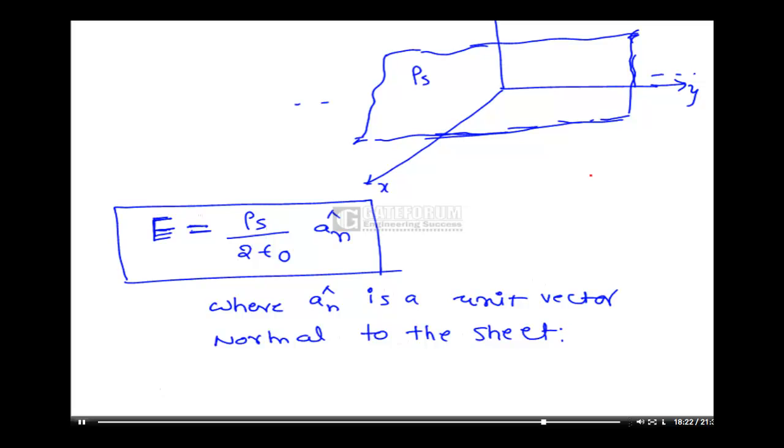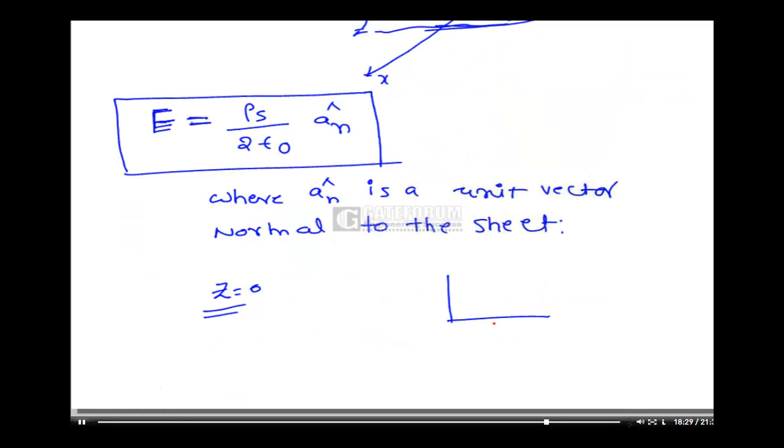Suppose the sheet is at z equal to 0. So at z equal to 0 I kept the infinite sheet. I can calculate the electric field intensity above the sheet, that is for z greater than 0, or below the sheet, for z less than 0. If z greater than 0, you have to consider the normal vector in the positive direction, that is a n bar is equal to az.